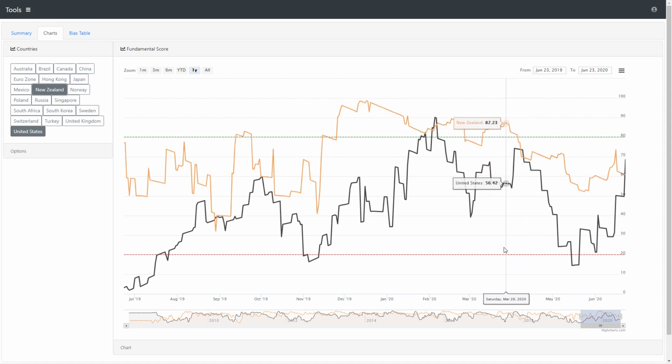I think it's a better idea if we consider this point right here. Right now, on the 20th of June, we have a signal that the United States went above New Zealand again.